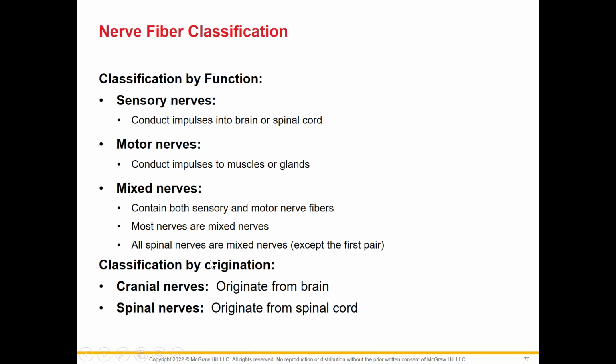So there's a classification by origin. The neurons that originate in the brain are called cranial nerves. Remember, there are 12 of those. And the neurons that originate in the spinal cord are called spinal nerves. So cranial nerves and spinal nerves. And there are 31 pairs of spinal nerves.